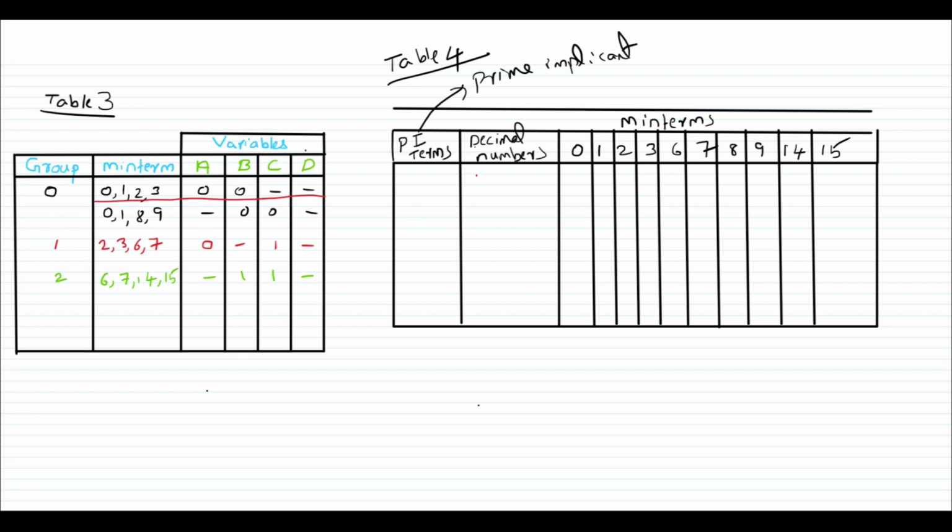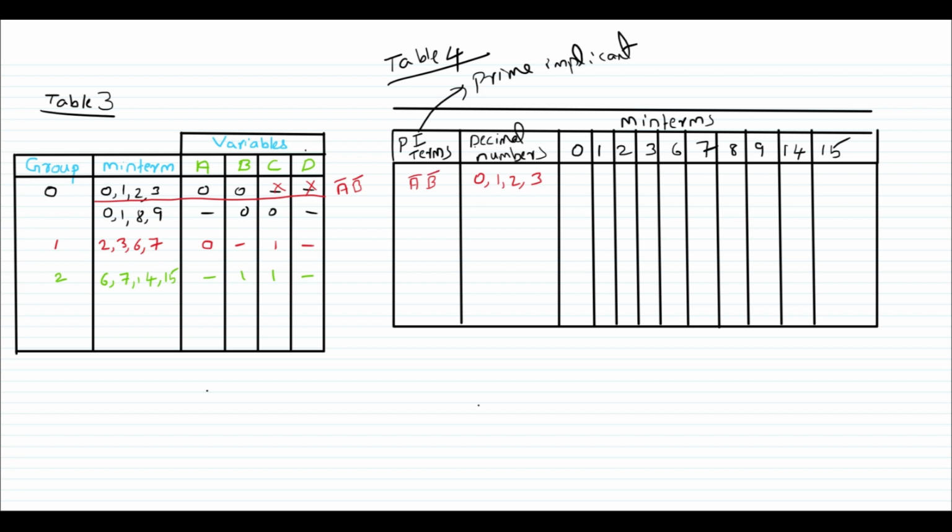We will write the decimal numbers as the corresponding minterms 0, 1, 2, 3. For the prime implicant, we don't care about C and D. This is a dash, which means don't care. We have only A and B, and their value is 0. So we should write A bar, B bar. So this is the first prime implicant.